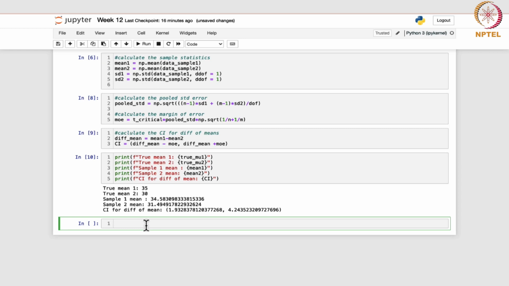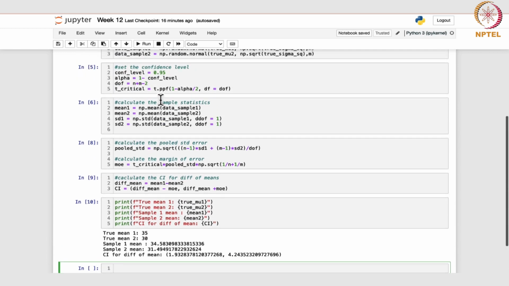Now note that since we are using .ppf, this percent point function, that is why we have used 1 minus alpha by 2. Rather, in the results in the theory part, if you would see, it is alpha by 2, t alpha by 2 with n plus m minus 2. Basically, both of them give the same answer because of the way this function is defined in Python, in the SciPy library.